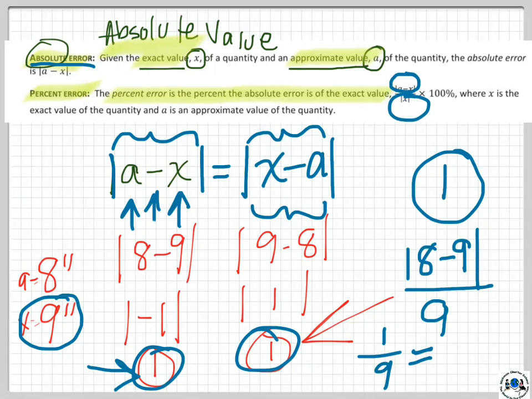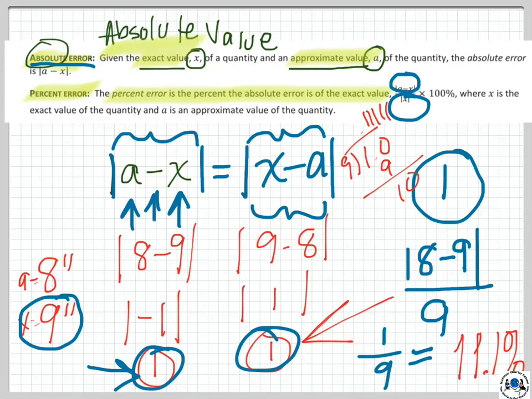If we turned 1/9 into a percent, what would we have here? 1 divided by 9, what do we have? Ninths are interesting. Oh, that's right. Ninths is 1, 1, 1, 1. It's actually a non-terminating decimal. Just 1 repeats, so we would just go out to 11.1%.